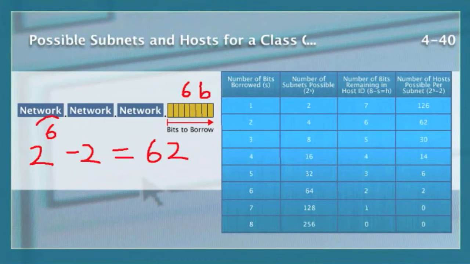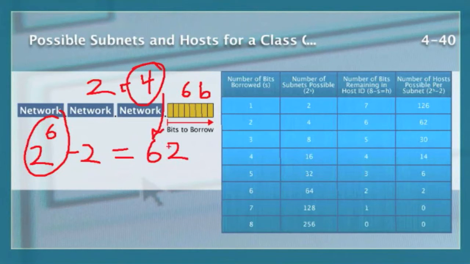And again, we can use our handy-dandy conversion chart that we created in class together yesterday to quickly arrive at the 2 to the 6th value. So, if we borrow 2 bits for subnetting, we can create 4 more networks, and each of those 4 networks can have 62 hosts in them. Isn't this cool?